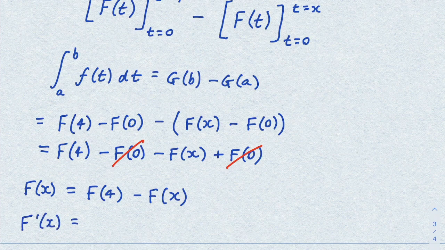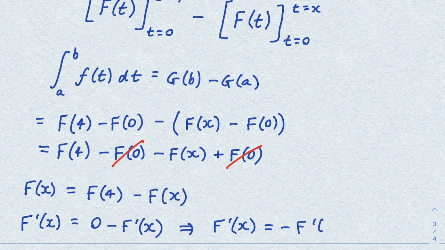Now, uppercase F of 4 is just a constant, and when we take the derivative of any constant, we get 0. So this is 0, and then the derivative of minus uppercase F of x is minus uppercase F dash x. So this implies that F dash x is equal to minus F dash x.